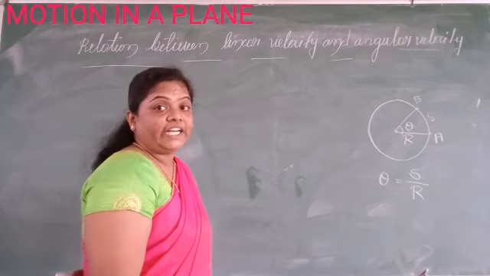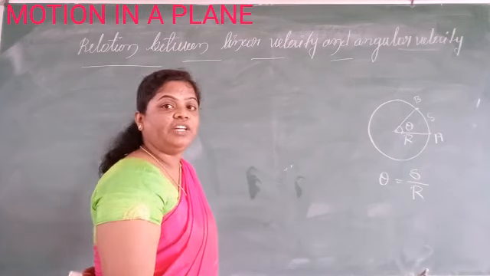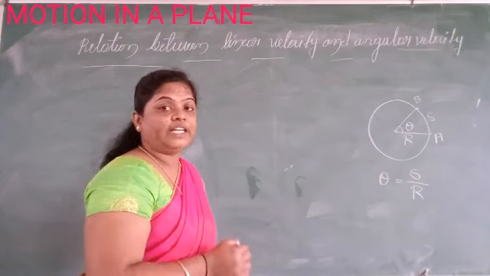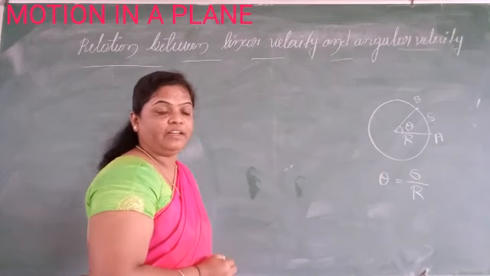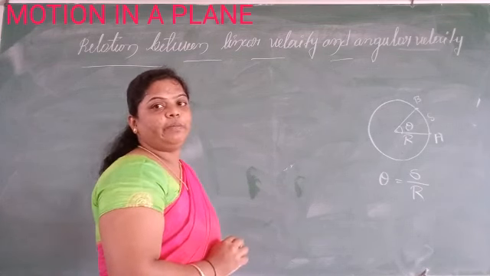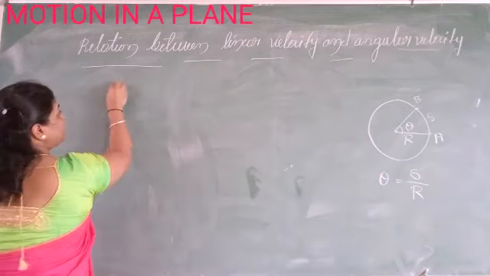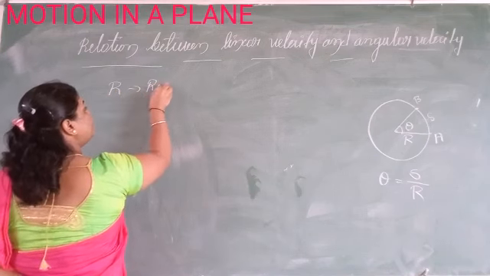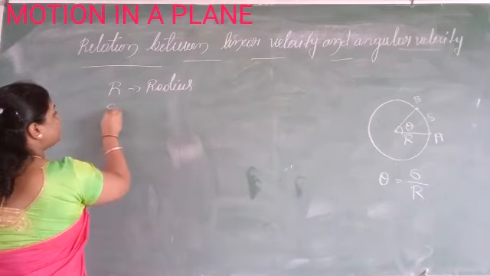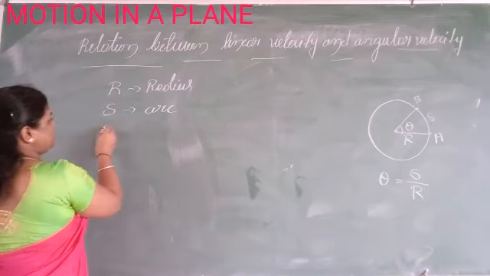Here we are calculating the relation between the linear velocity and the angular velocity. Linear velocity is the rate of change of linear displacement by time taken. Angular velocity is the rate of change of angular displacement by time taken. Here r is the radius of the circle, S is the arc of the circle, theta is the angular displacement.